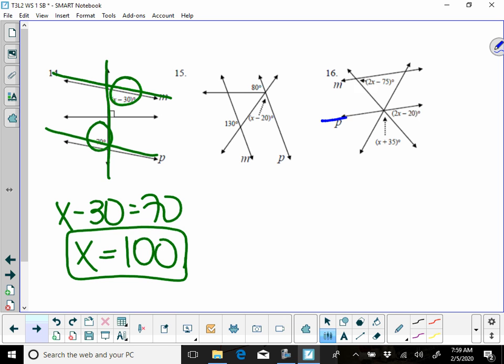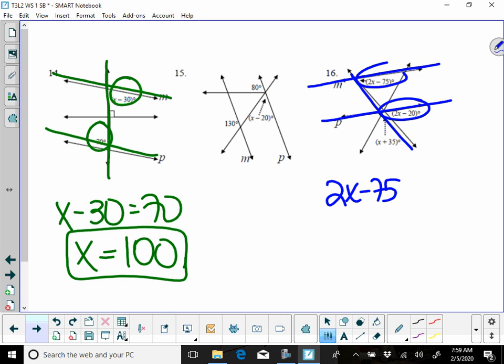And then if you jump over here, if these are your parallel lines on 16, then you have your F formed right there. So those would also be congruent. And there's no way to mathematically do that one.